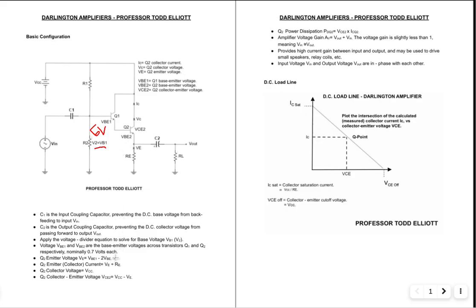Then we're down to this formula here, which says the emitter voltage here is the voltage at the base here minus 2 diode drops, or a nominal 0.7 each. So if that is 6 volts, minus 1 would get us 5, minus 0.4, so that would be what? 4.6 volts, roughly. Okay.